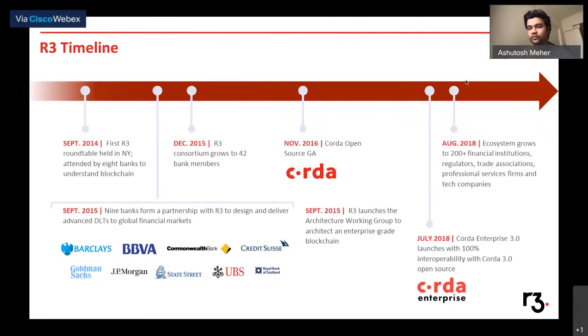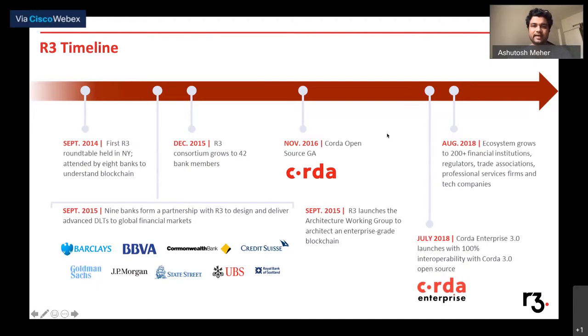Fast forward to now, we have grown to a multi-sector, multi-industry ecosystem supported by more than 350 different institutions from around the world. Well, that's a very brief overview of how Corda came into being.